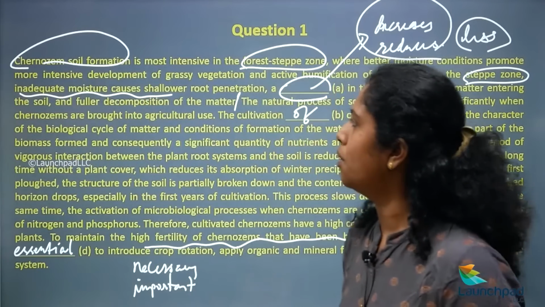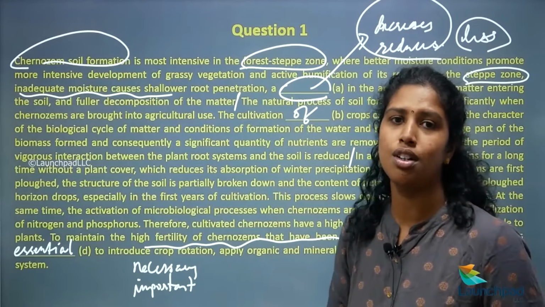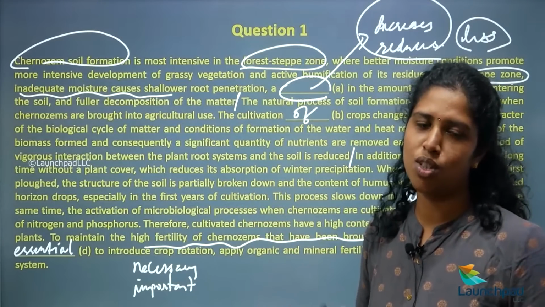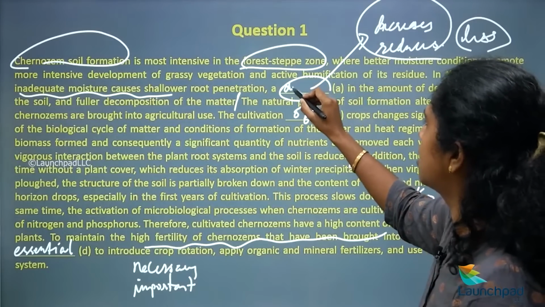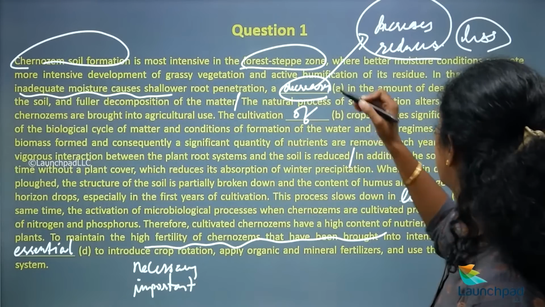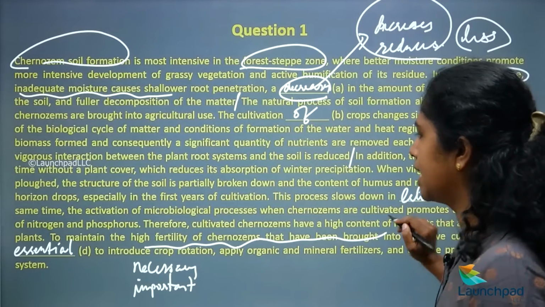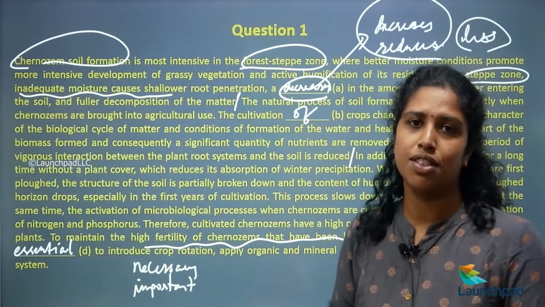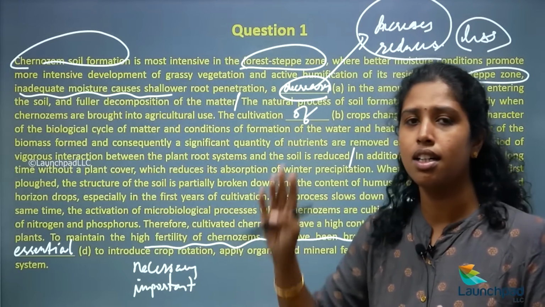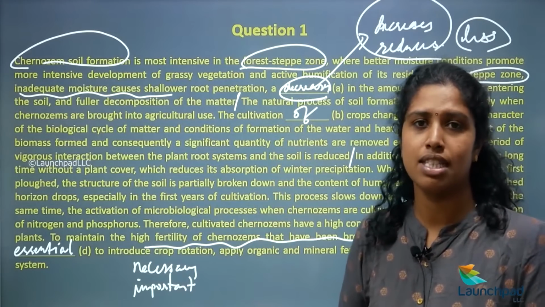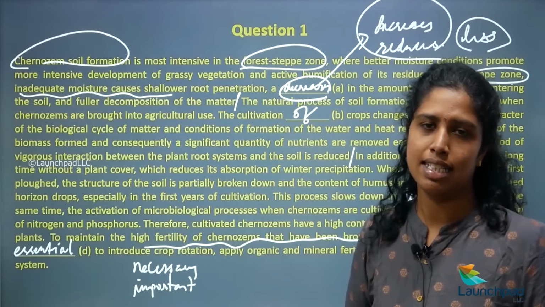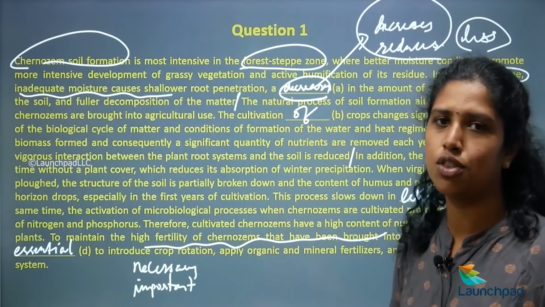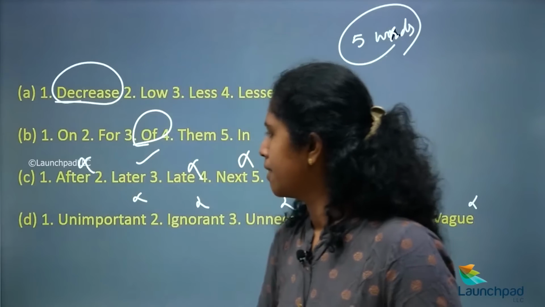Okay, so now we have found out the 4 words that would close our passage, which are decrease, of, later, and essential. So after fitting in these words, you can do a reading in case you have time at the last 2 or 3 minutes of your test completion, and you can ensure if you have chosen the right word. Yes? Next.